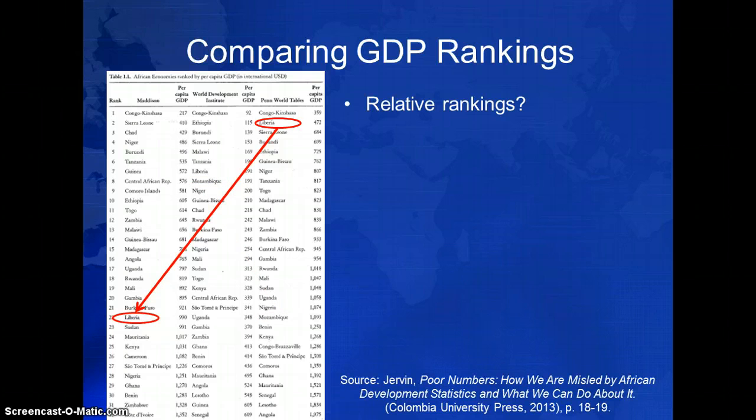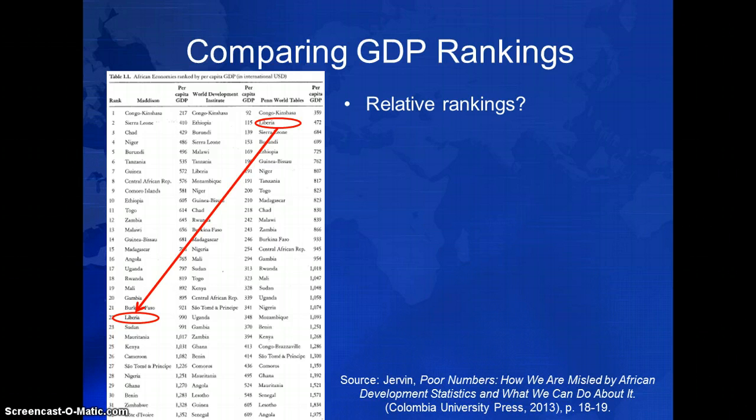And Liberia jumps 20 places in the rankings, moving from Africa's 2nd poorest in one ranking to a comfortable mid-ranked 22nd in another. Many other countries jump at least 10 places. All of this suggests that the use of gross domestic product per capita as a measure of development, particularly in the global south, should be greeted with a high degree of skepticism.